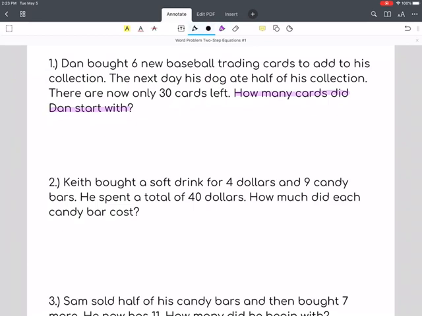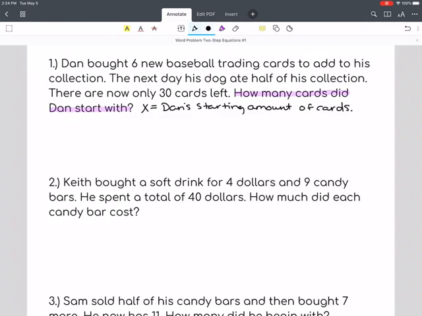We're trying to figure out Dan's starting amount. So, to figure out what my variable is going to represent, Dan's starting amount of cards. All right, so X is going to represent the starting amount of playing cards or trading cards that he had.